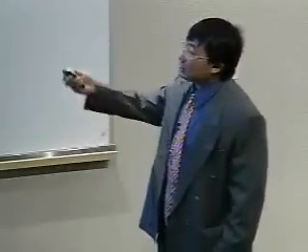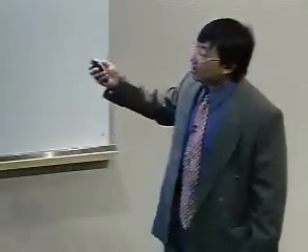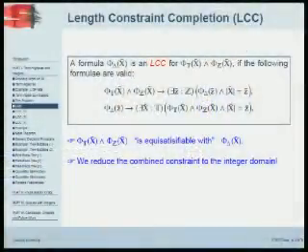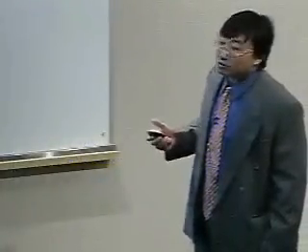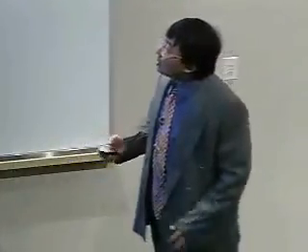So you see there are hidden constraints on data structure length that contradict the integer constraints. So we are going to find these out, which we call the length constraint completion, LCC. We say phi delta is an LCC for phi t and phi z, where phi t and phi z denote the combined constraints, if and only if the following two formulas are satisfied.